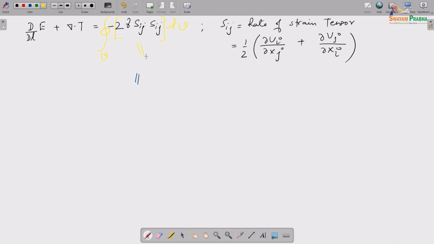Therefore, this integral, which is essentially the total energy due to the viscosity component, is negative, and therefore we equated this to what we called a sink.